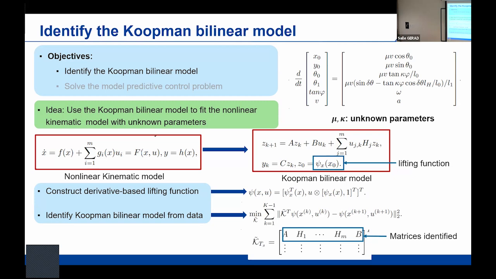I don't want to put the nonlinear model inside my MPC, otherwise you're solving a very complex nonlinear problem in a very short time. That's not doable. If you can do this, you have something almost linear, so that you can write everything into a quadratic program.